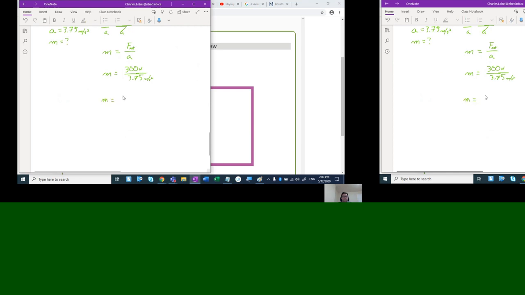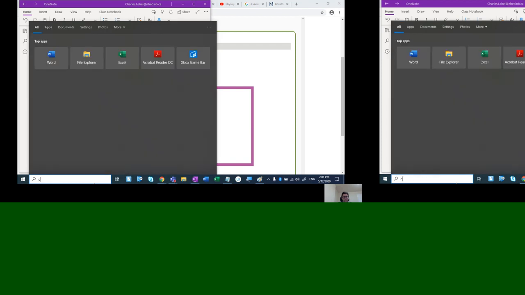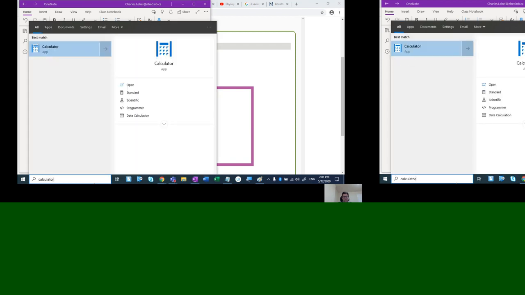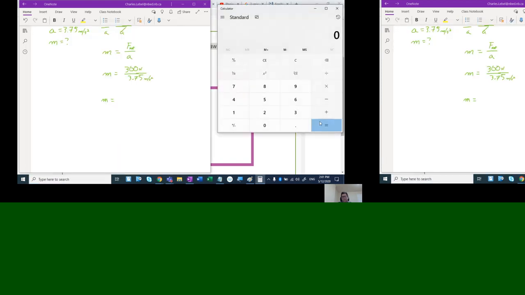Some of you are confused right now because you're like, you didn't ask me to. You're right. So 300 divided by 3.75 equals 80. 80 what? Mass kilogram.